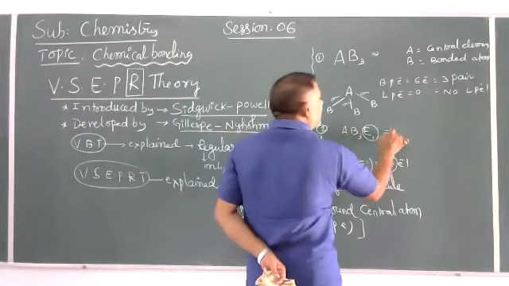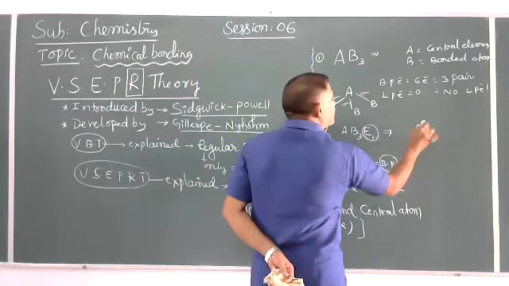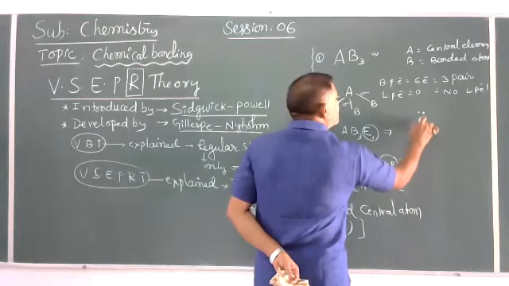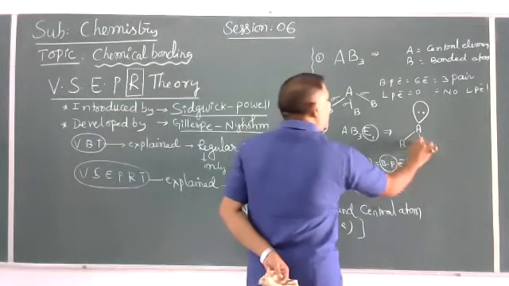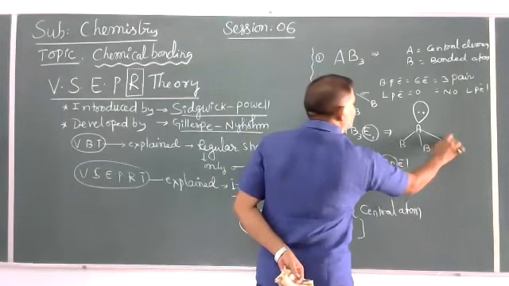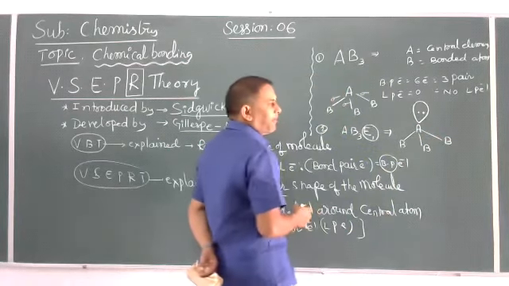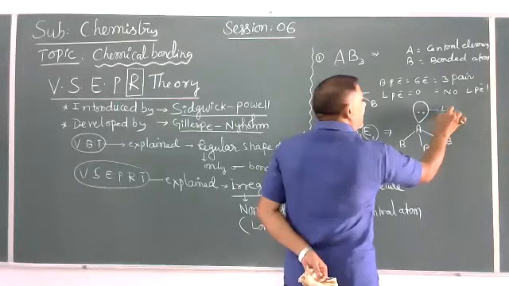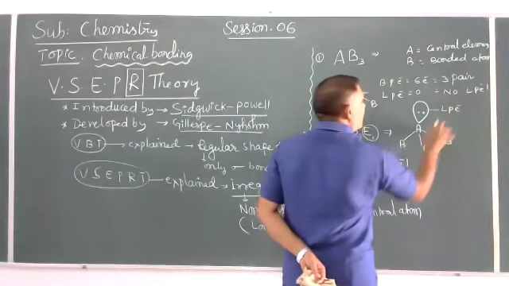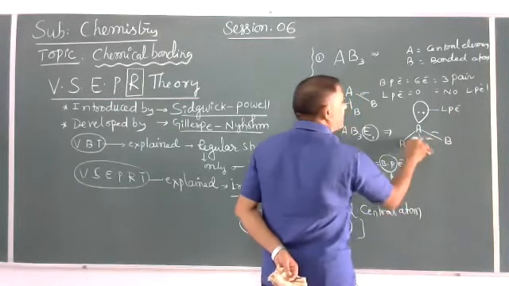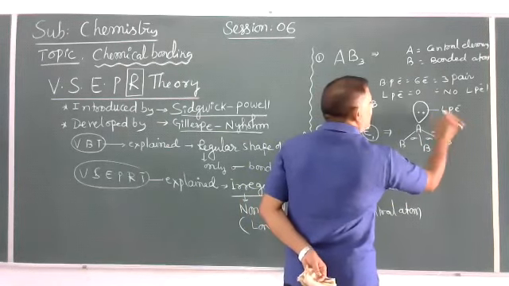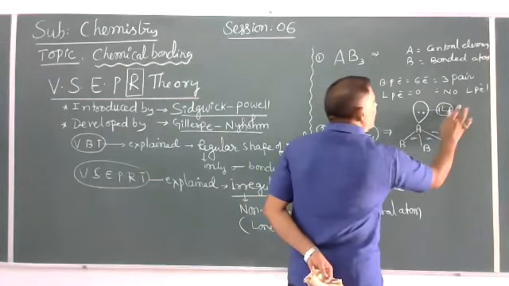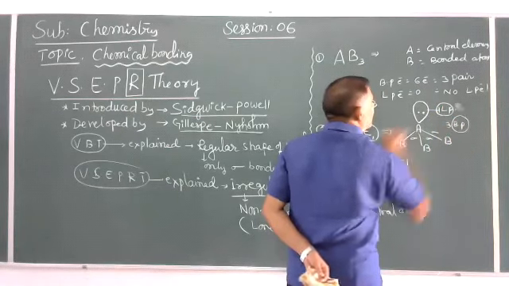Now here the central atom A contains one lone pair, and three B are bonded. Three sigma bonds, three bond pairs, and one lone pair, total 4 pairs are there.